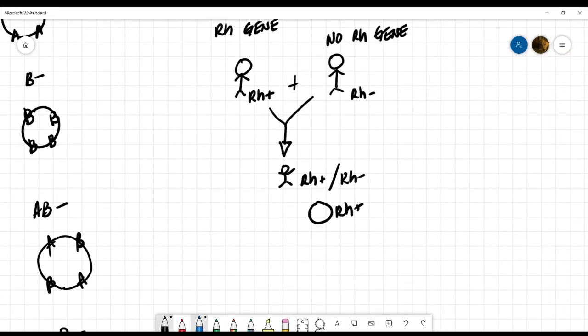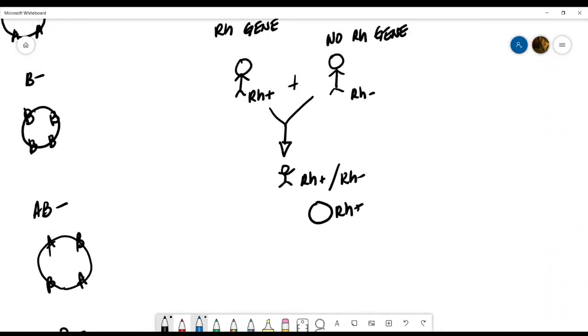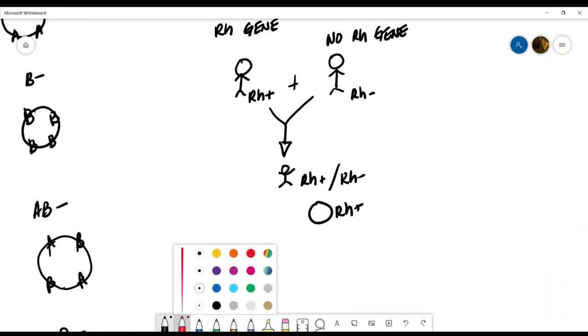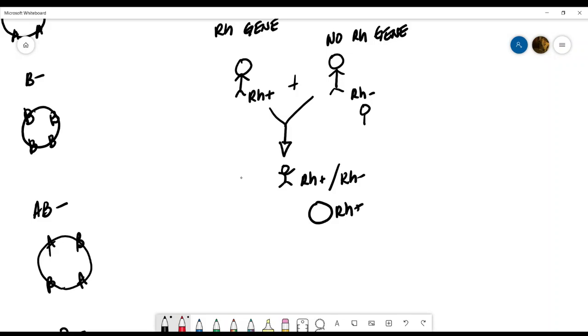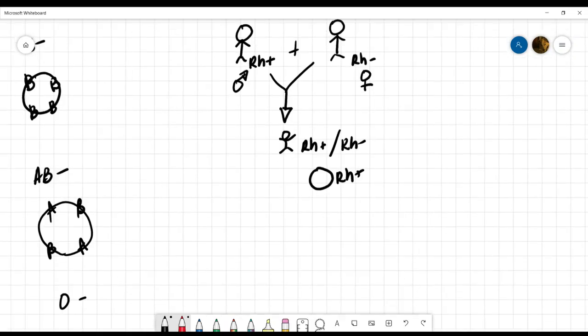So when is this a serious problem? It's a serious problem when the Rh negative happens to be your mother and the Rh positive happens to be the father, which means this child will always be Rh positive.